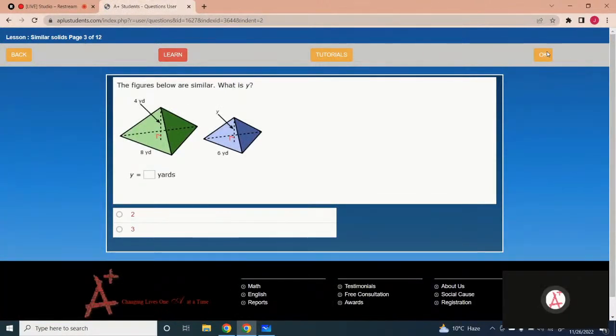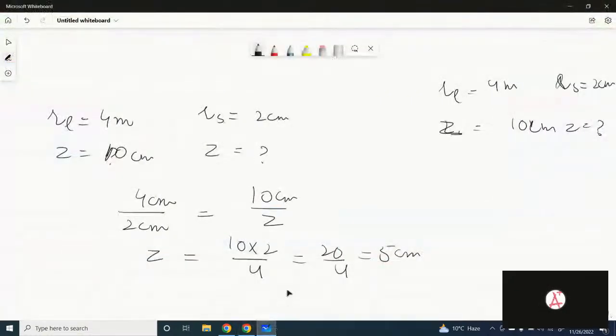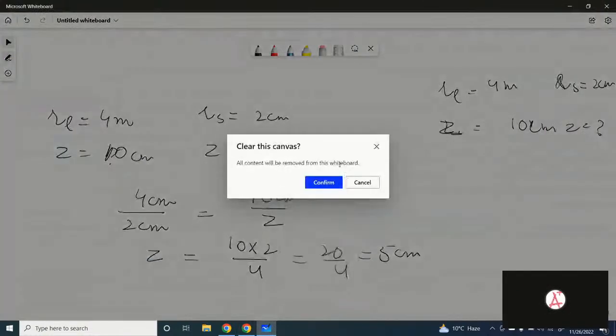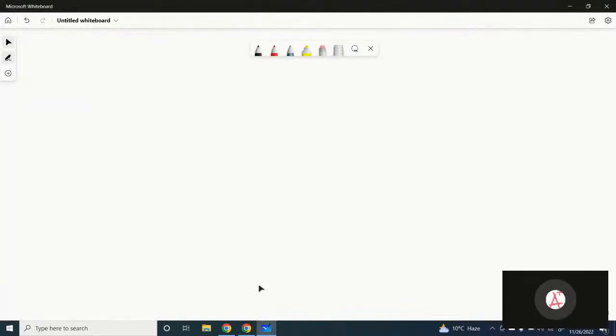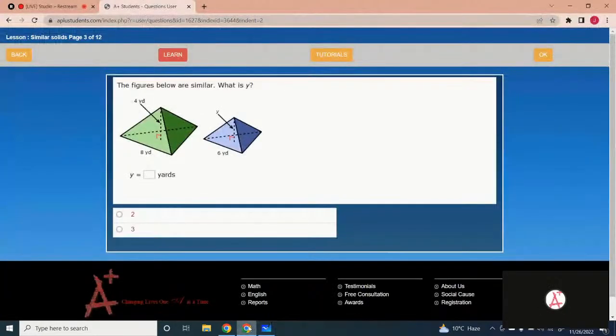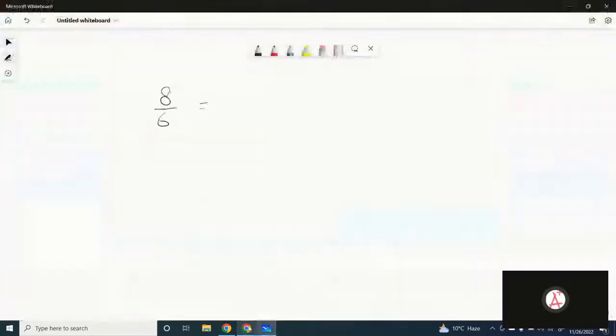Okay, make a proportion of the similar sides. It would be 8 over 6 and 4 over y. So solve this equation for y.